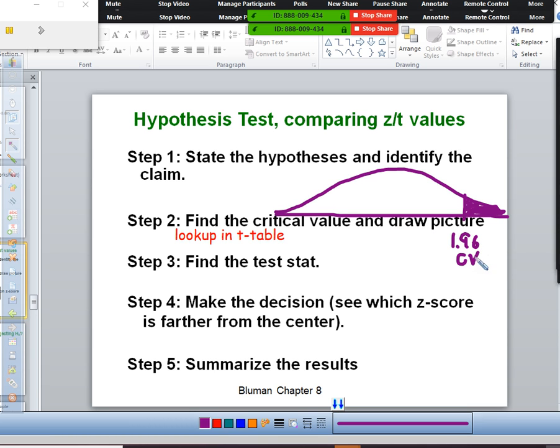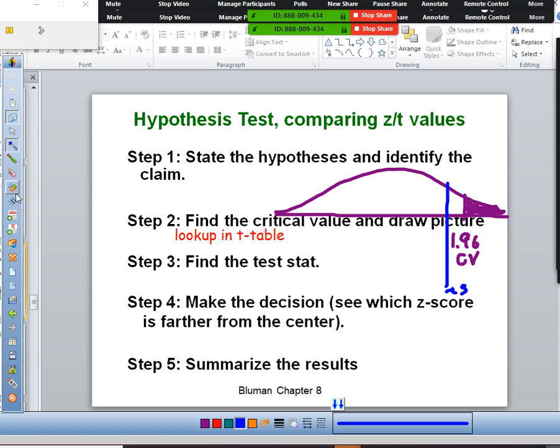So right away, find that. Again, this has nothing to do with your sample at all. This is just before you even take the sample. Step 3, then you check the sample out and you find your test stat, and then you pop it in wherever it belongs. And maybe it goes in here, and that's your test stat. And you write in the amount there. And then you make your decision.